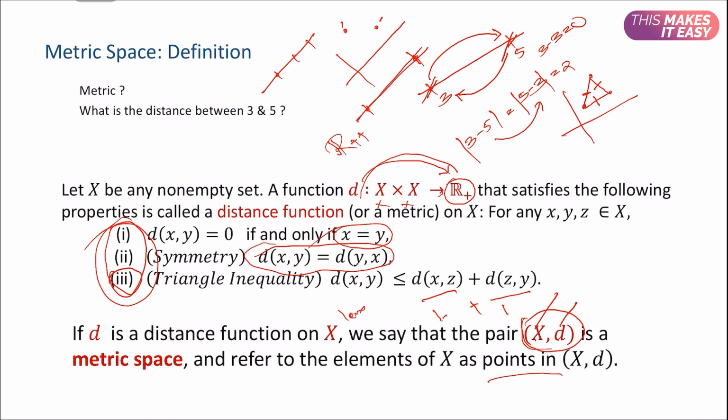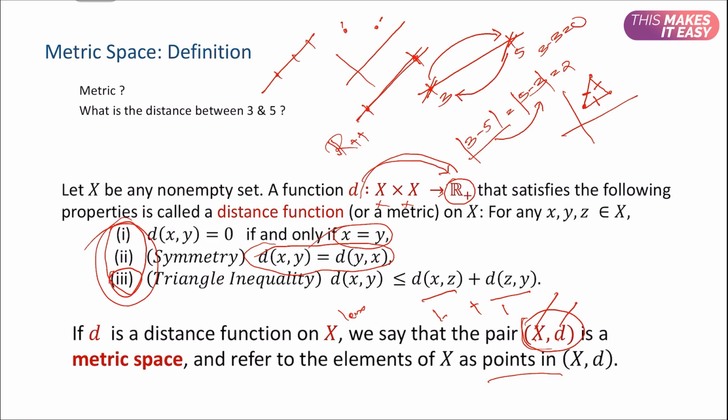So far we have understood what a metric space is. It is nothing but a set together with a metric function. That metric function can be any type of distance function. It can be the modulus of two numbers, it can be the Euclidean distance, it can be any other distance as well.